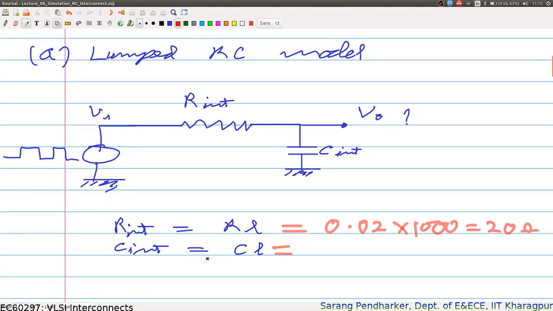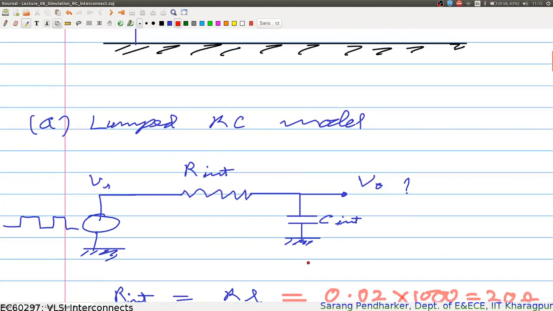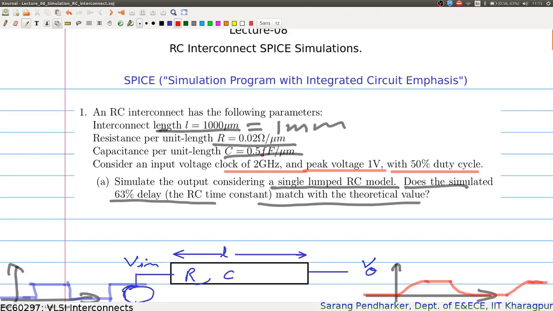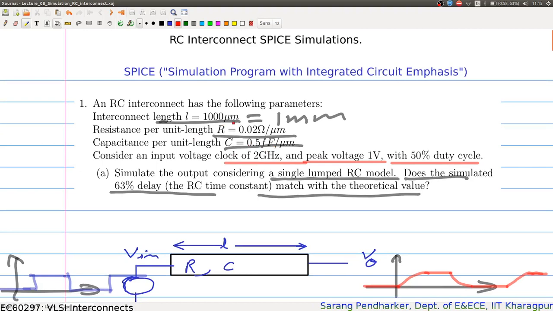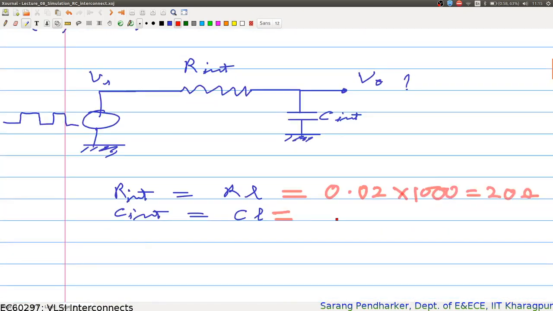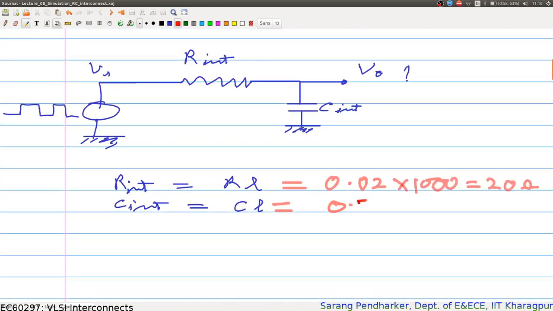And similarly, your C interconnect would be 0.5 femtofarad multiplied by 1000, so you have 0.5 picofarad.